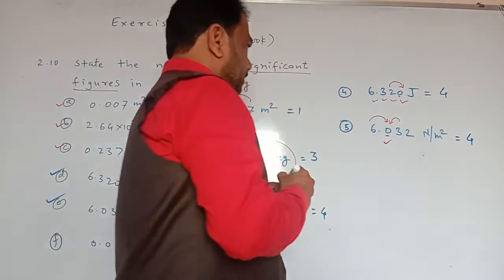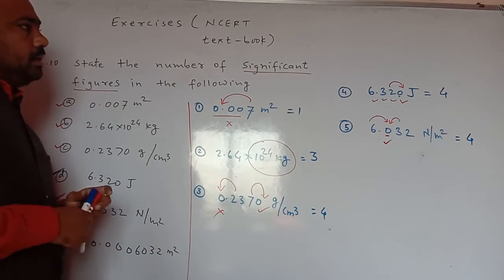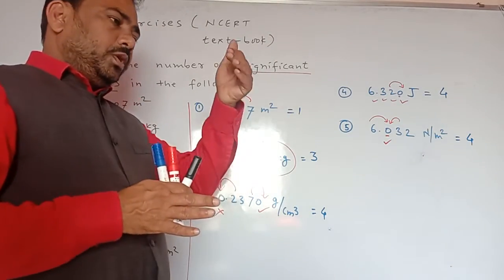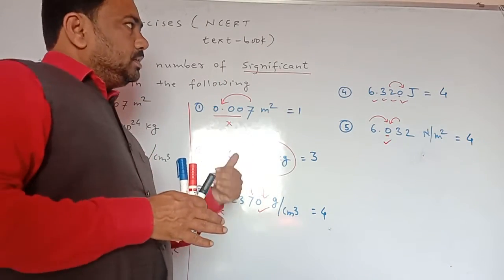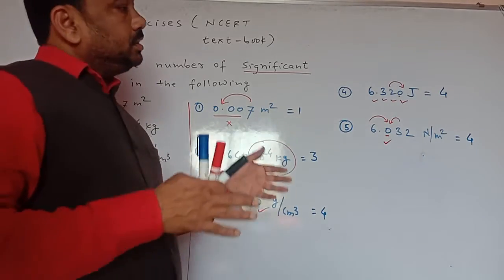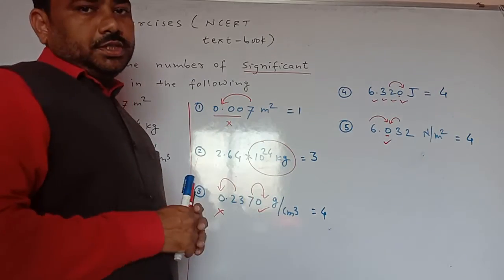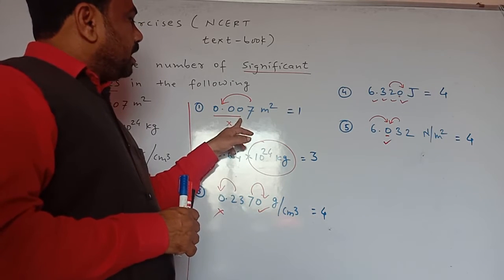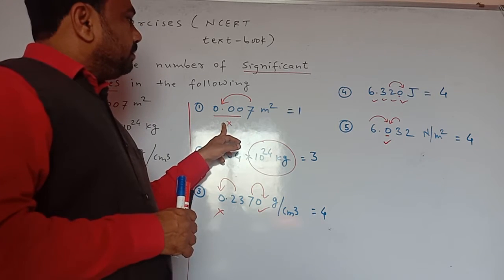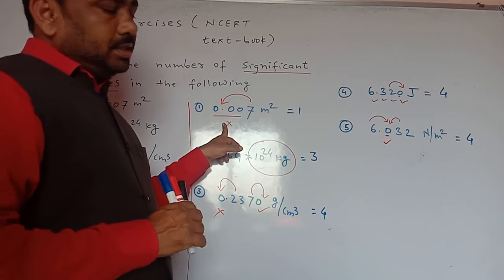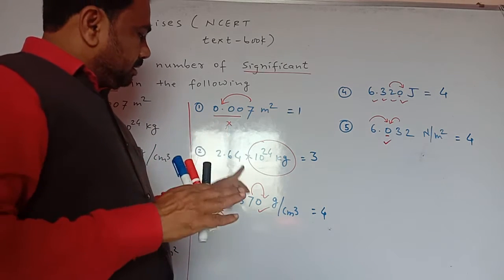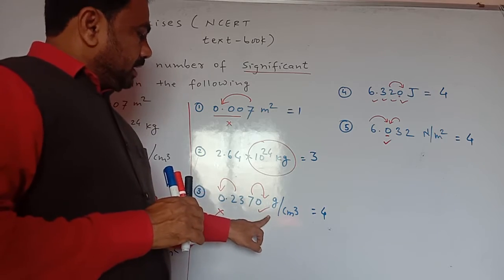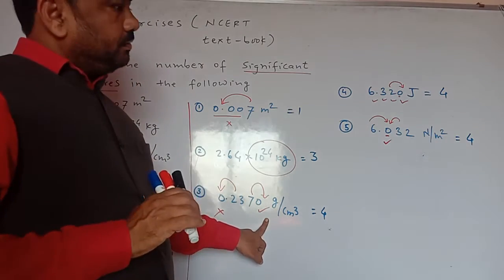The confusing factor here is just the position of 0: whether the zeros are on the left side, on the right side, or between two non-zero digits. Remember, when zeros are on the left side of the number, they are not considered significant figures. But if the zeros are on the right side of the number, they are considered significant figures.